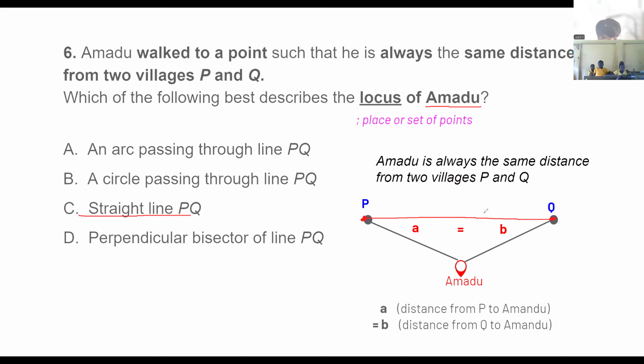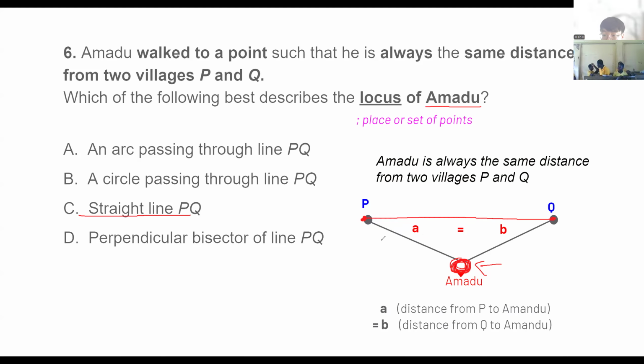That doesn't describe the position of Amadou. So Amadou is actually over here. The distance from P to Amadou is A, and Q to Amadou is B. But A is equal to B in this case.